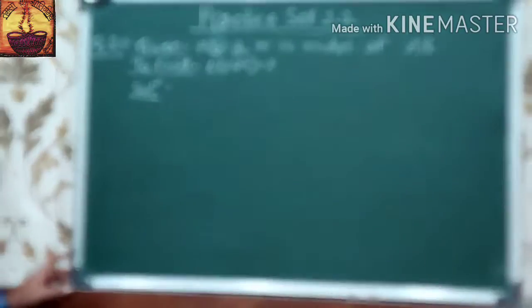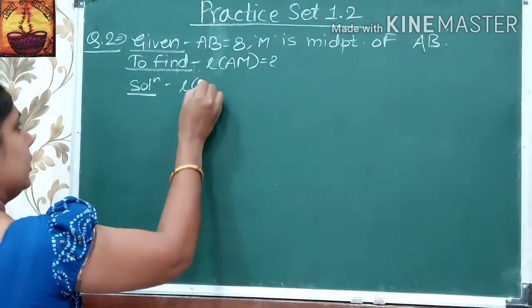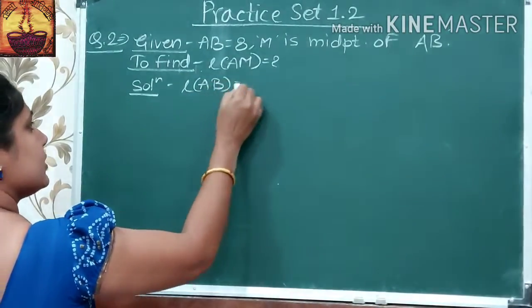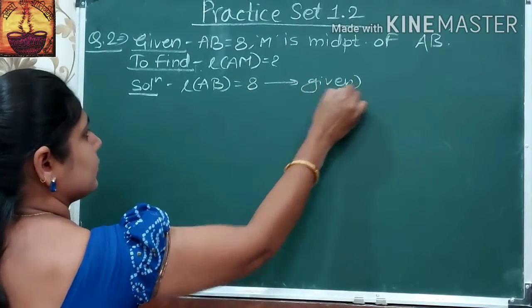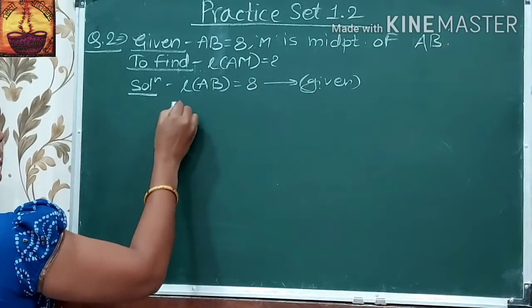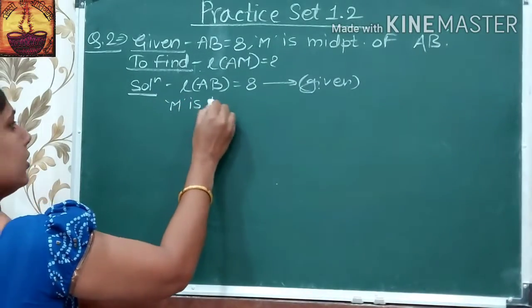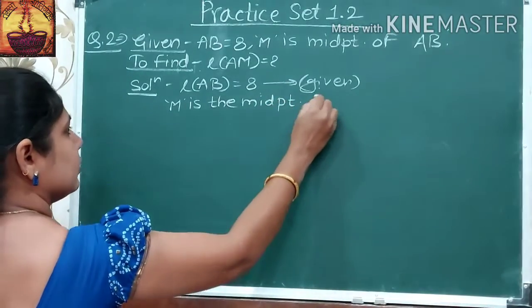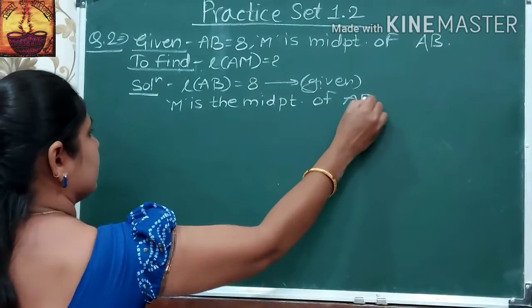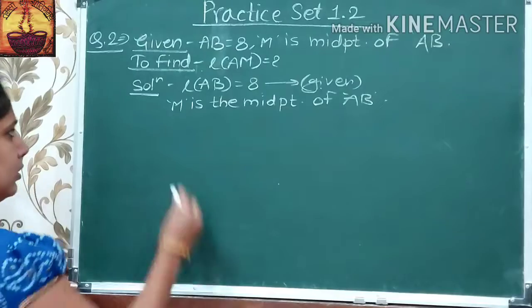Therefore, first write here length AB is equal to 8. It is given, and M is the midpoint of AB. It is also given.